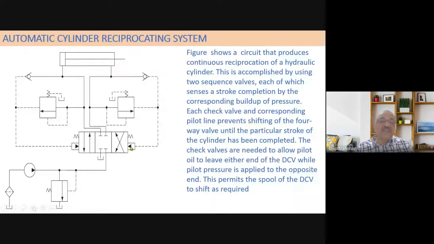So it will shift the direction controller to the other side, and it will actuate the other side of the signal circuit. That means the direction controller is getting shifted because of the pressure rise from the rod end or the cap end, depending on the sequence. So first, the signal is given from here to here because of the actuation of the sequence valve, and it is actuating the direction controller to the next position.